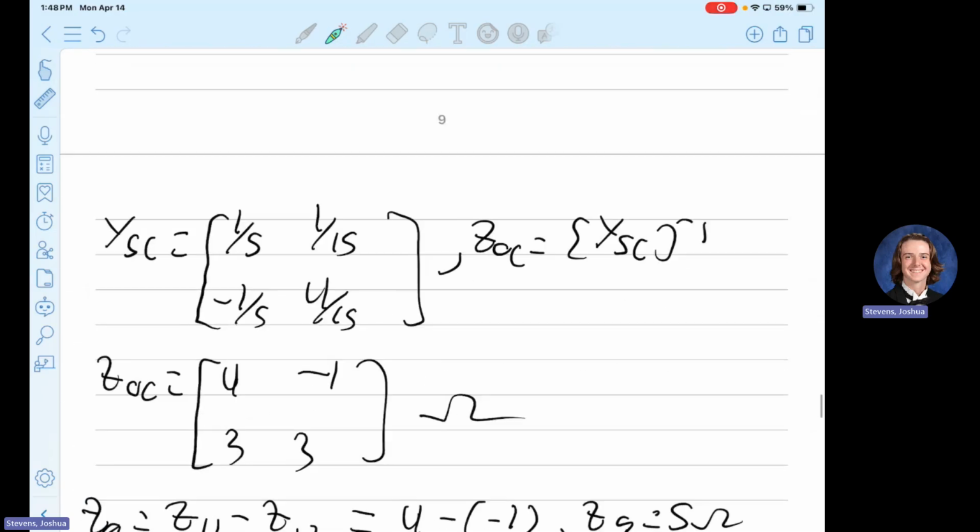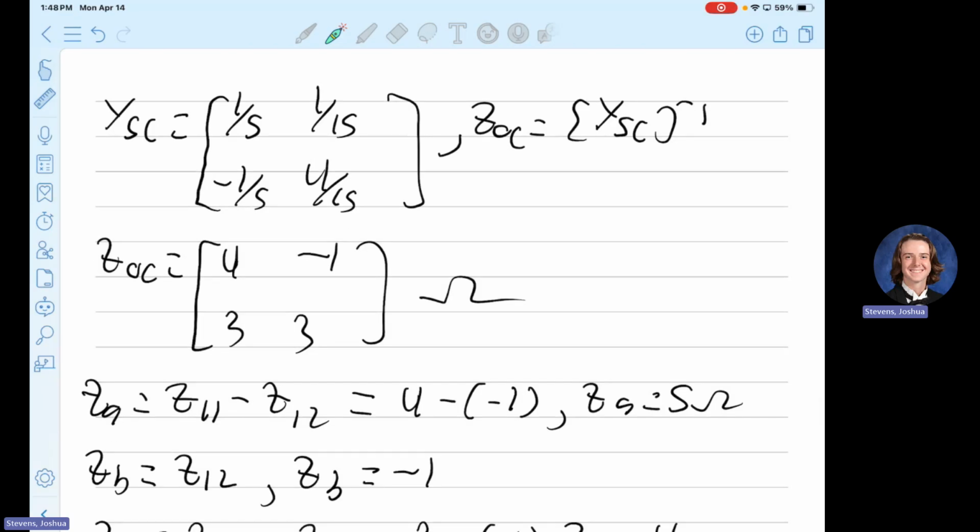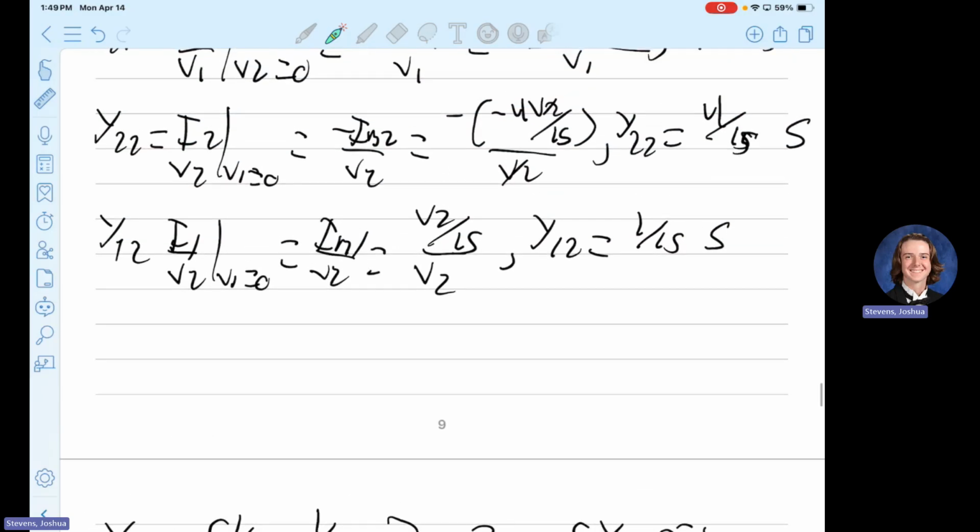Which one? Open circuit? So all I did was take this matrix, plug it into a calculator, and take the inverse of it. Let me double check, but I'm pretty sure I got these.